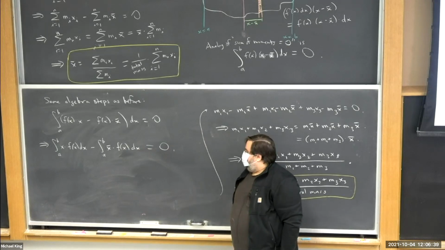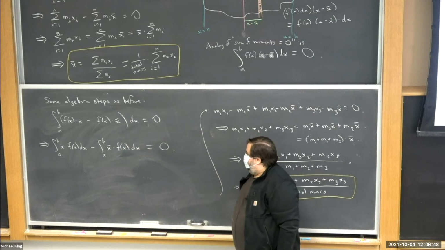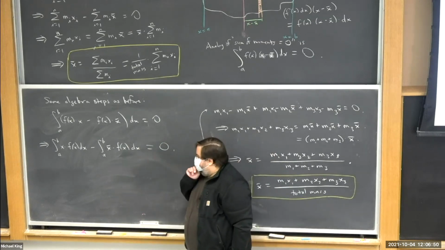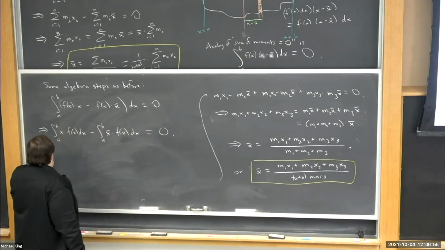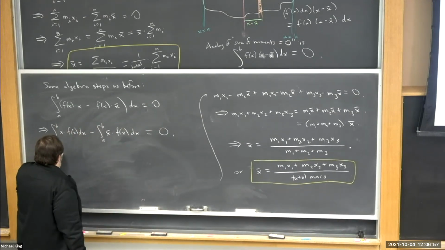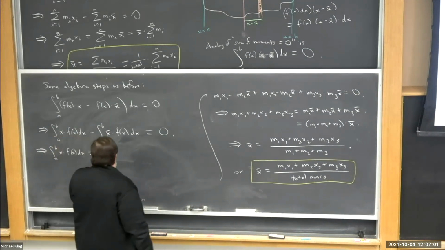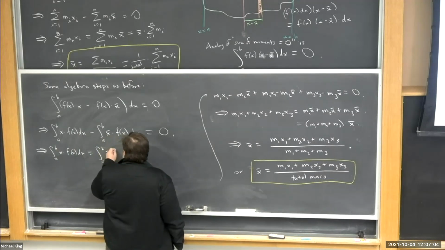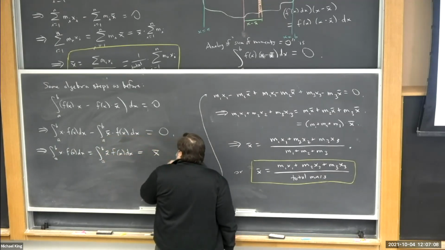I distributed the mass function, and then I separated into two pieces. Then I move this one over to the other side. Then I factor out the x bar. Just trying to show you that this works the same. And now x bar again is an unknown constant, I can factor it out.